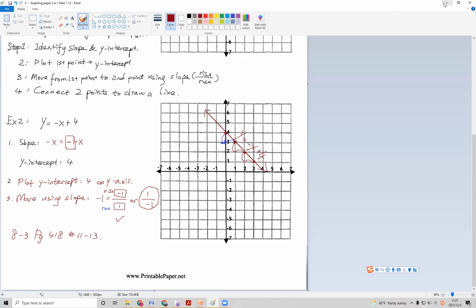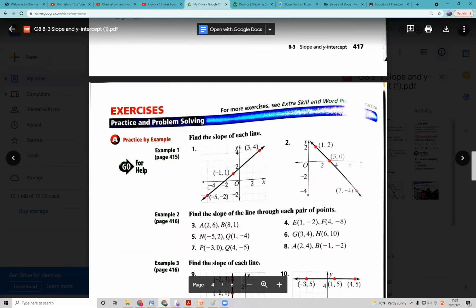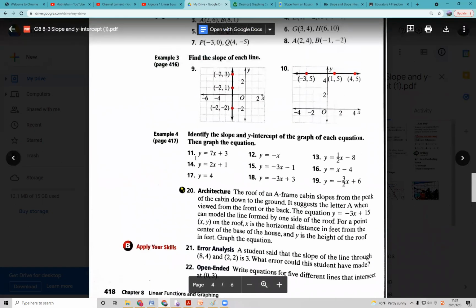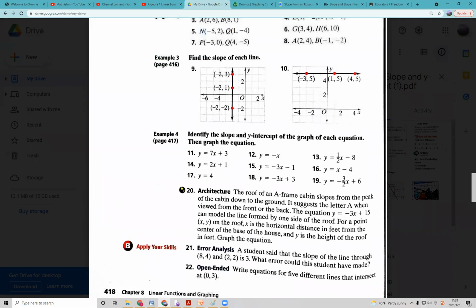Let me quickly show you right here. So 8-3 on page 418, numbers 11, 12, 13. Identify the slope and y-intercept of the graph of each equation first, and then graph the equation using slope, like the first one, slope 7 and y-intercept 3.